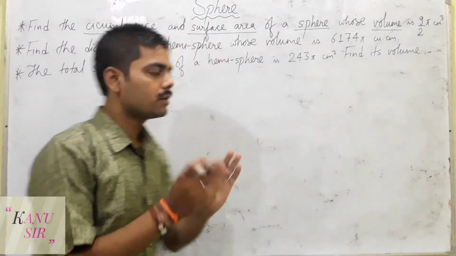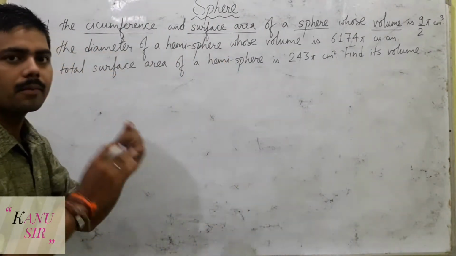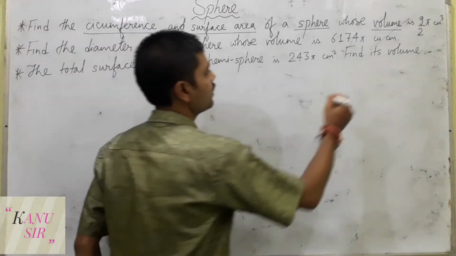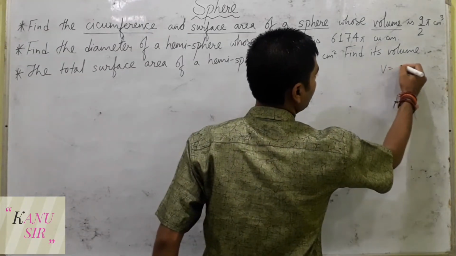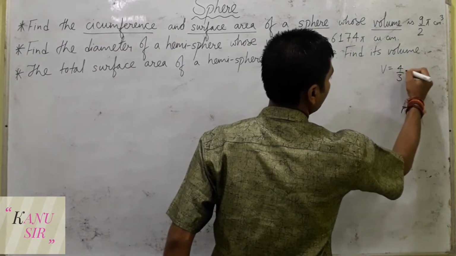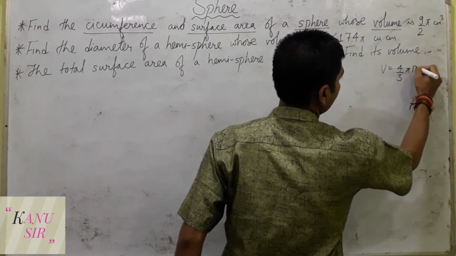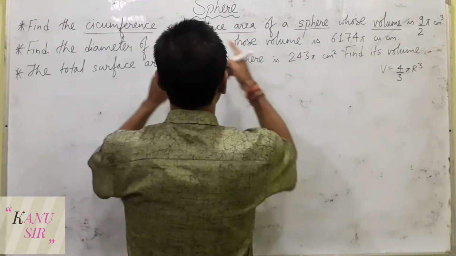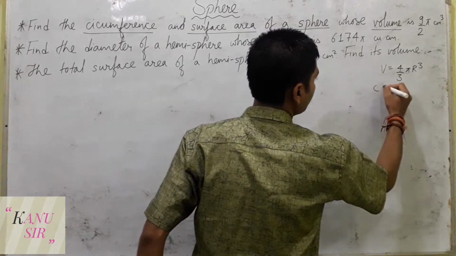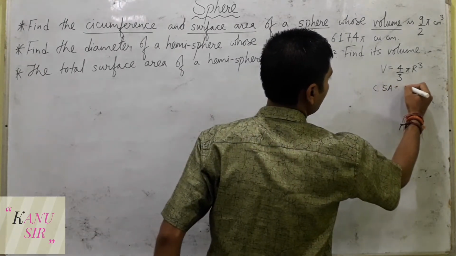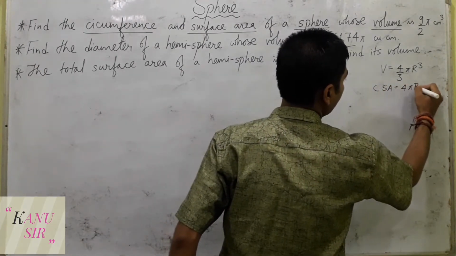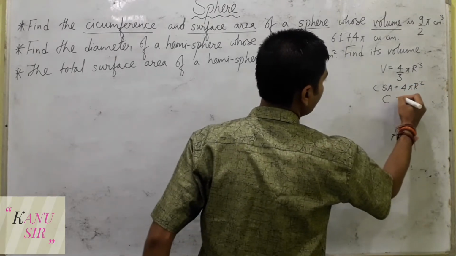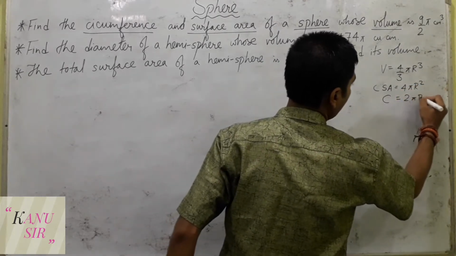Before solving the question, let us memorize the formulas. The volume of a sphere is 4/3 pi r cube, the surface area of a sphere, CSA, is 4 pi r square, and the circumference of a sphere is 2 pi r.